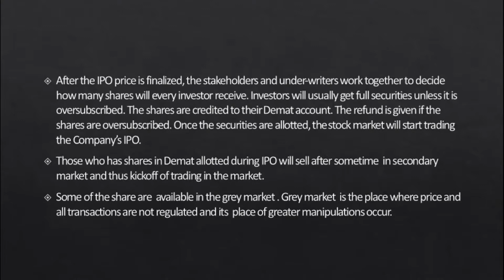If they are issuing 1 lakh shares to n number of people, they will also state the minimum investment size. They will say the minimum is like 10,000 or 1 lakh, and they will issue it like that. Based on that and based on the demand, the subscriptions go on.